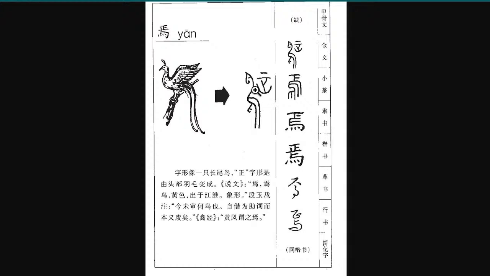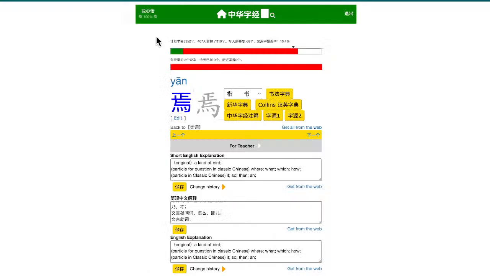It's called 焉. Now in classic Chinese, 焉 indicates a question: where, what, which, how.